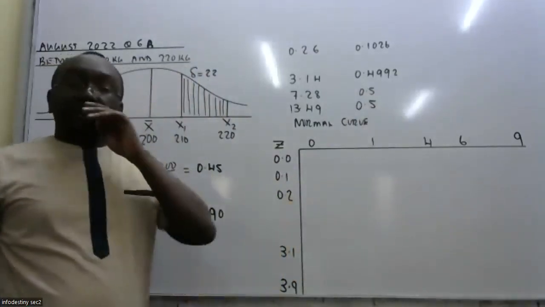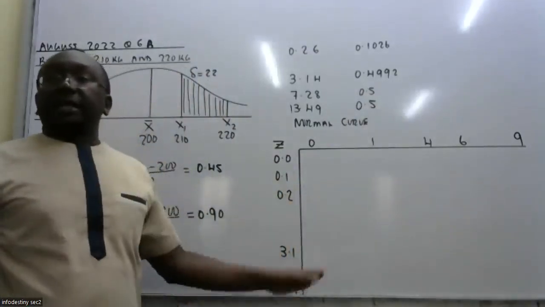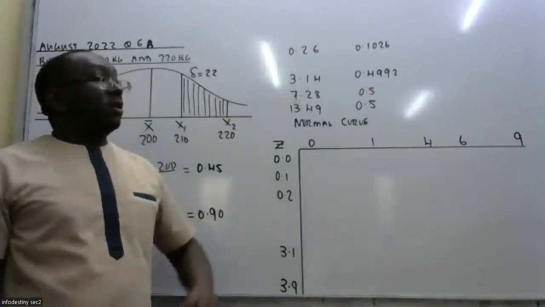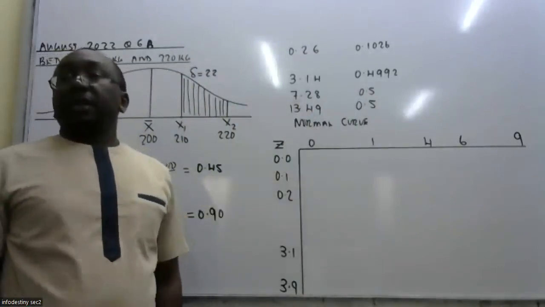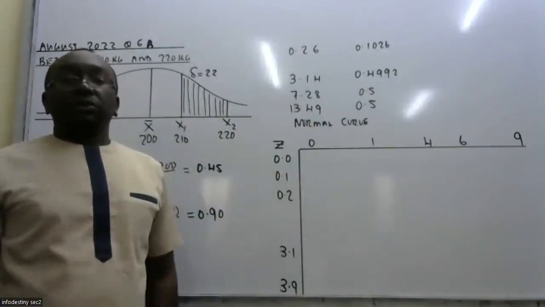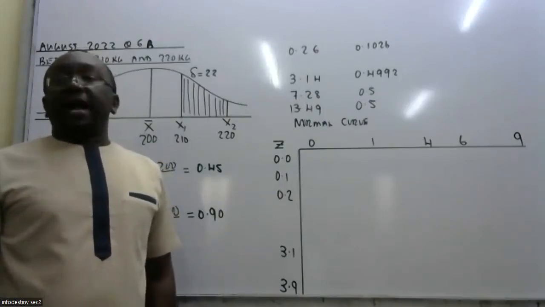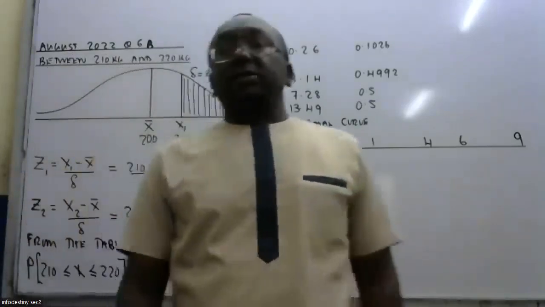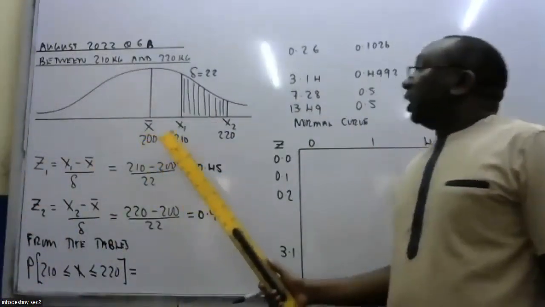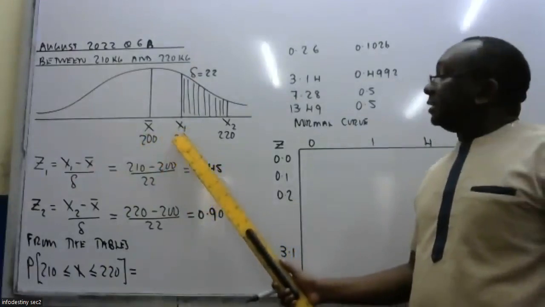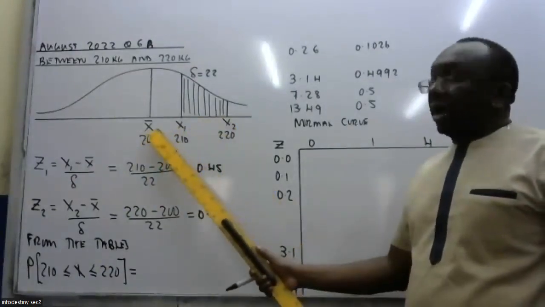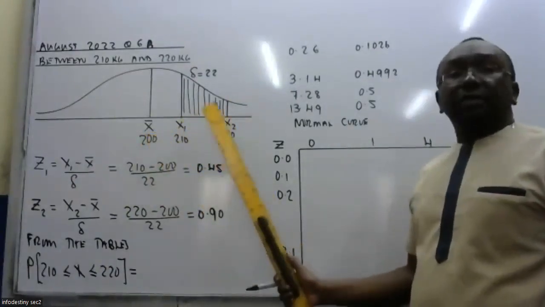As the next point, if you get a value that is greater than your table, you go for the highest value. The next point that I want you to notice is this. If you get a value that is negative, remember I told you, look here. As long as your x's are on the higher side of the x bar, you will always get positives.